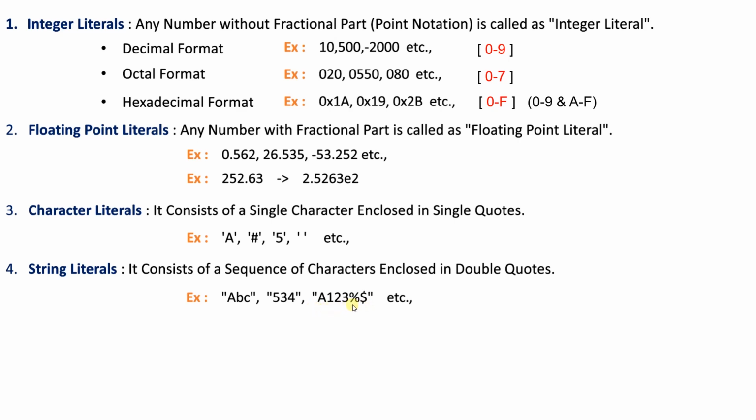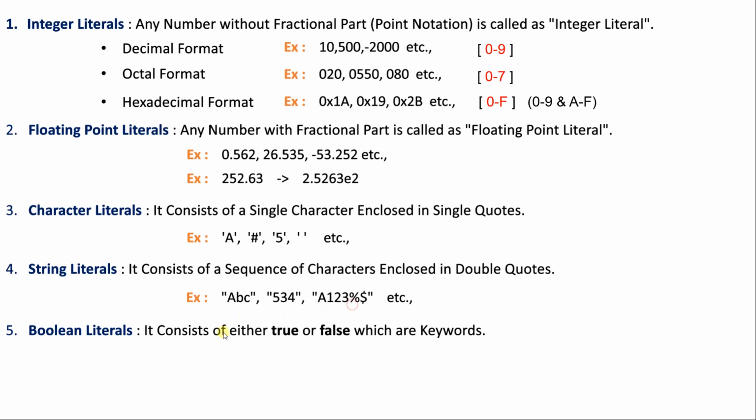And after that, at last, boolean literals. This boolean literals consist of either true or false values, which are keywords in Java. Generally, these boolean literals are highly used in expressions. See the below example. Here, see this expression. Here it is stating that 5 is less than 10, which is true, and hence this expression returns true.